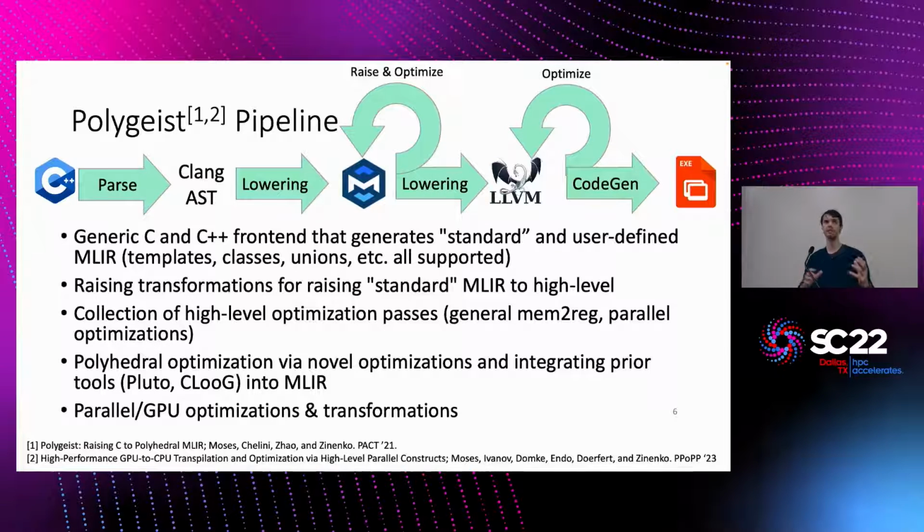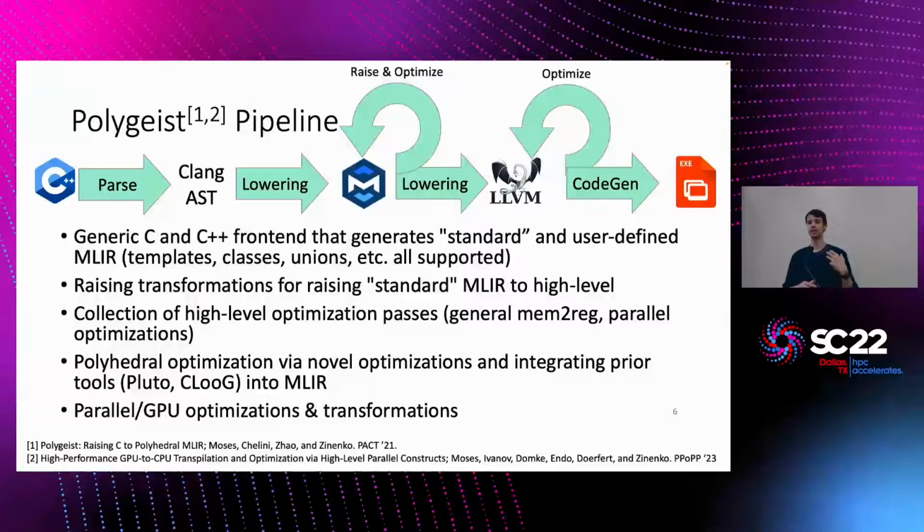Polygeist is a myriad of different things. First of all, it's a generic front-end for C and C++ code that generates that high-level standard MLIR dialect, as well as being able to support generic C and C++ code, compiling it down there. Secondly, from that standard IR, it's also able to raise it to a much higher level representation, such as the affine or polyhedral variant, for use in other high-level analyses.